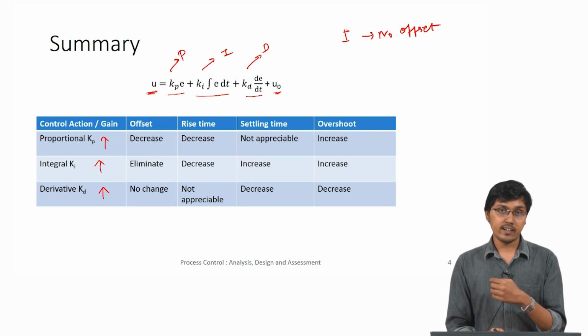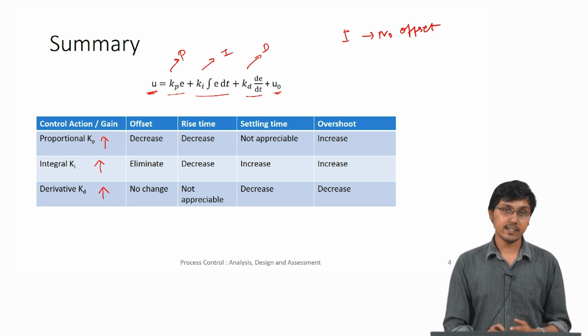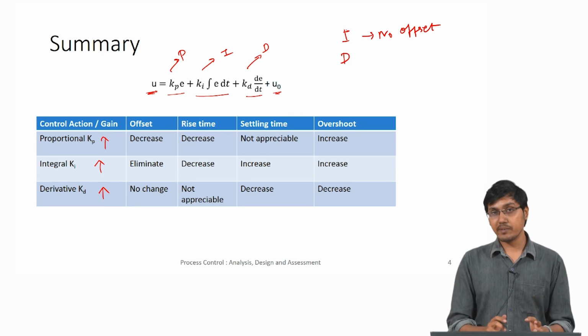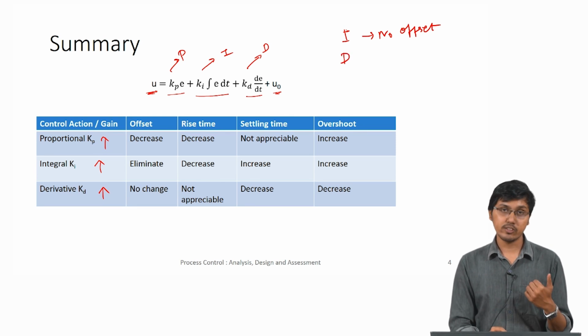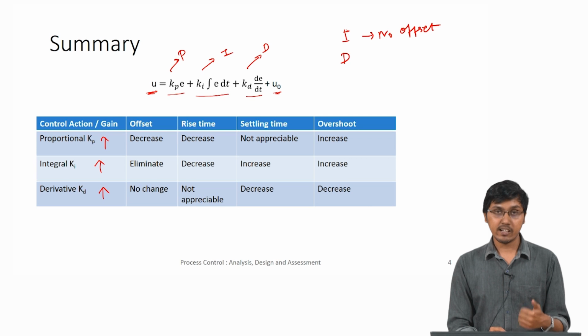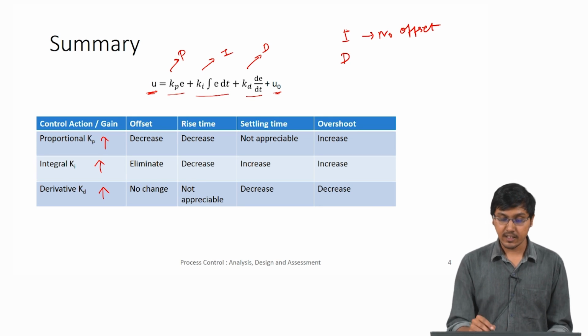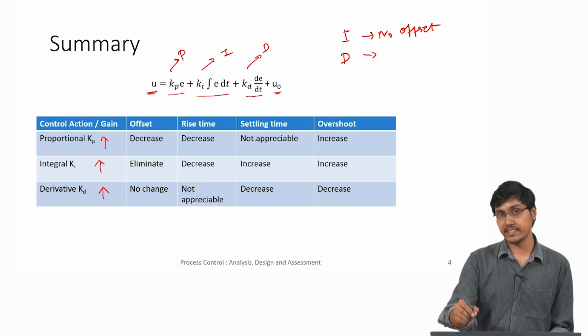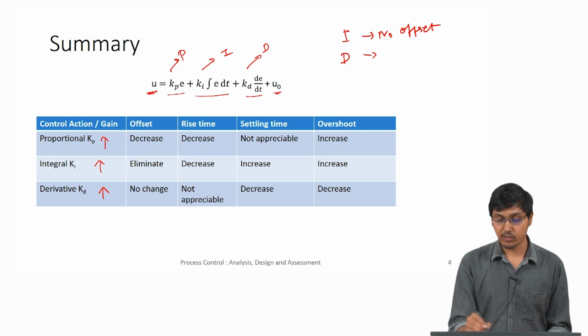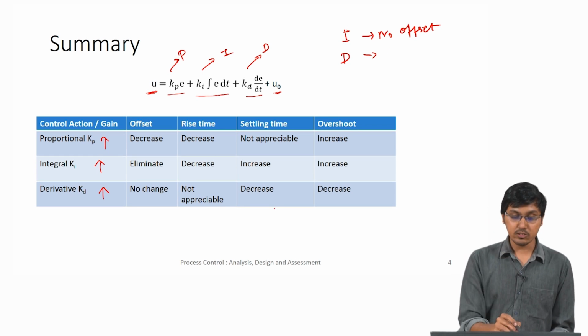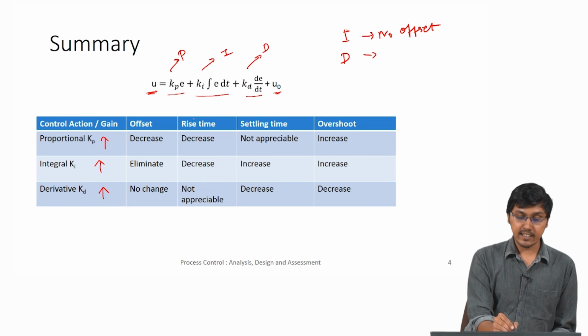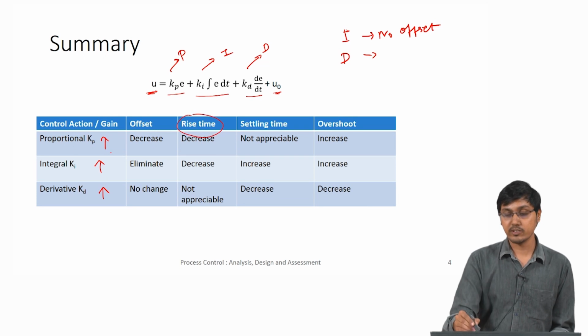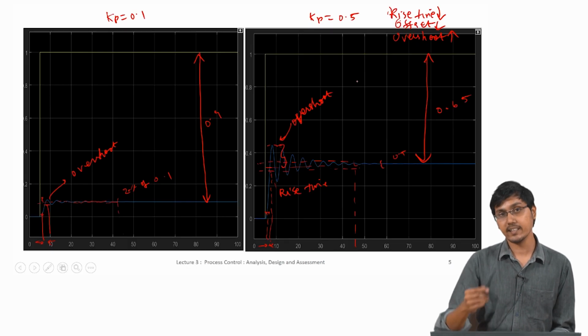Also, if you increase the derivative gain, the overshoot decreases and the settling time also decreases. And if you want to decrease the rise time, then just increase the proportional gain, and the rise time decreases.